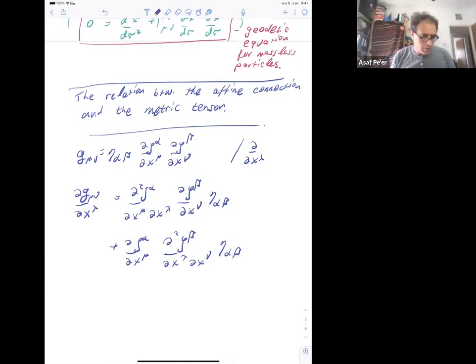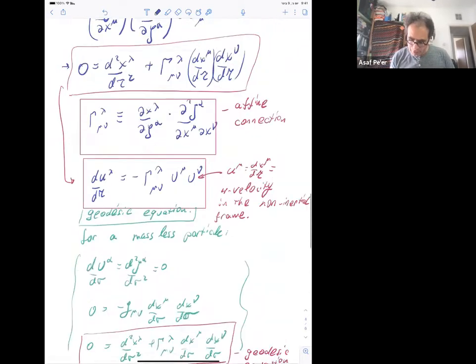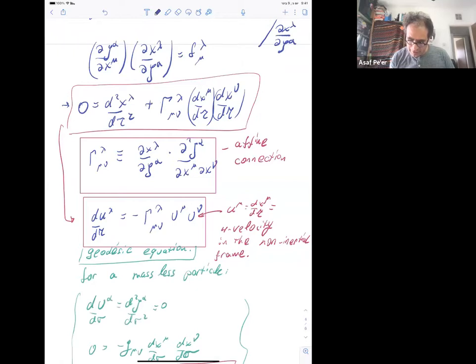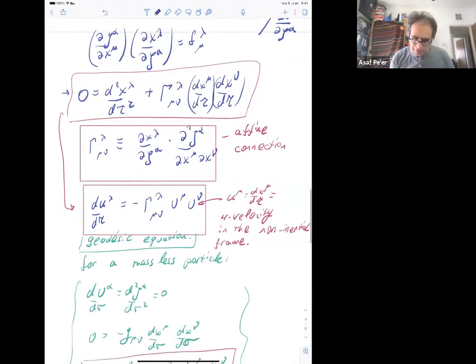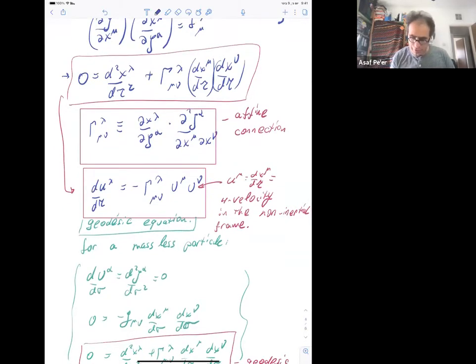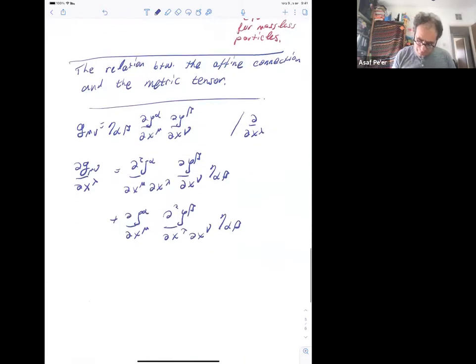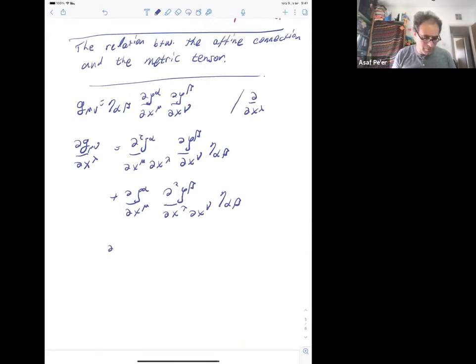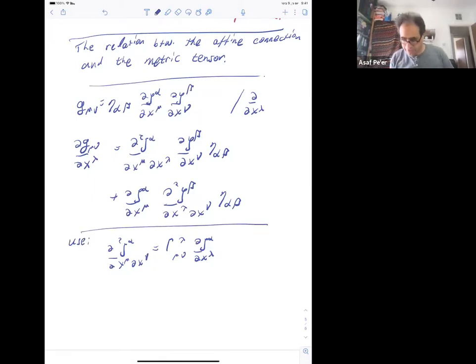Now we have the definition of the affine connection, which is defined here. We have the second derivative, and then there is dx lambda dx psi alpha. So I can just switch the order and write that d squared psi alpha over dx mu dx lambda is just gamma lambda mu nu d psi alpha over dx lambda. That's from the definition of the affine connection.